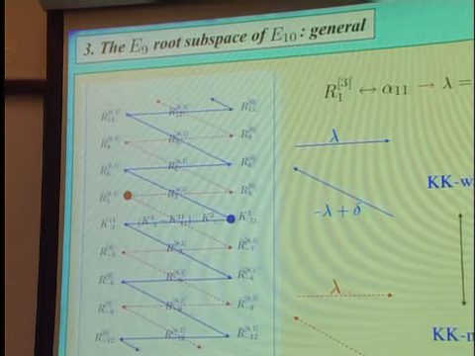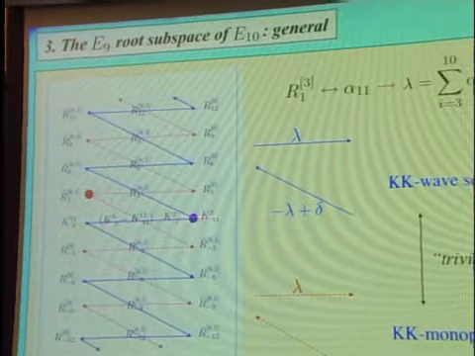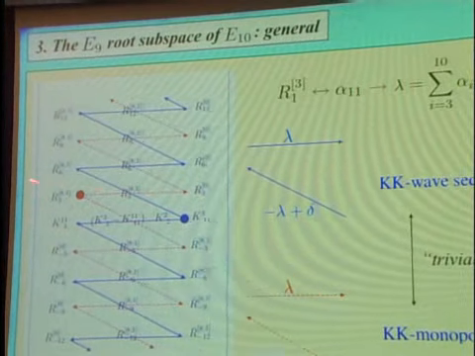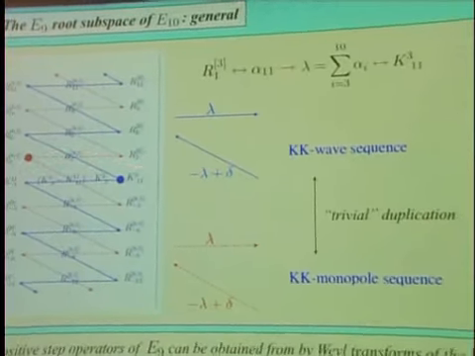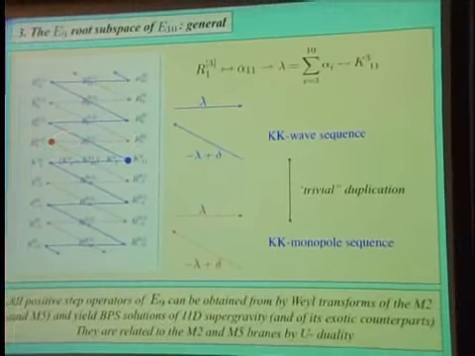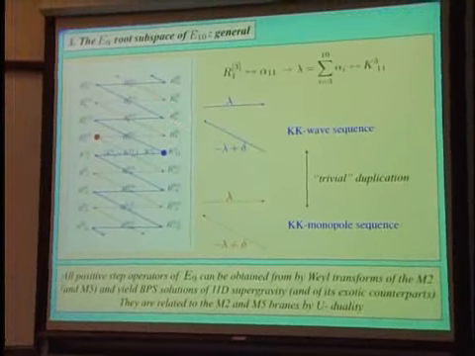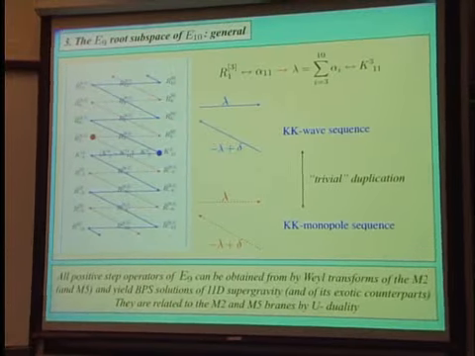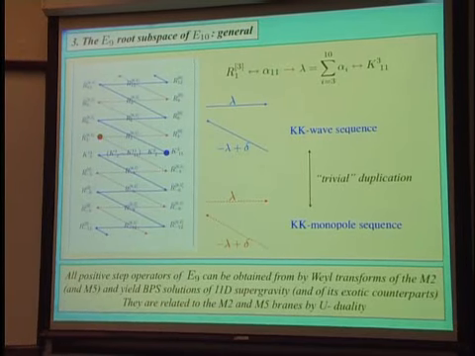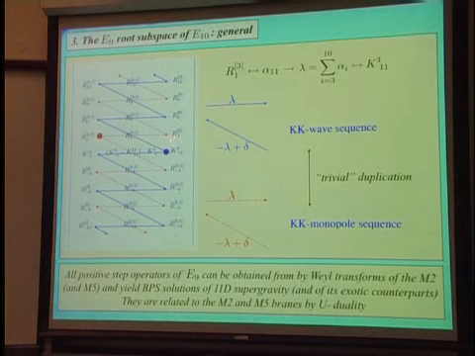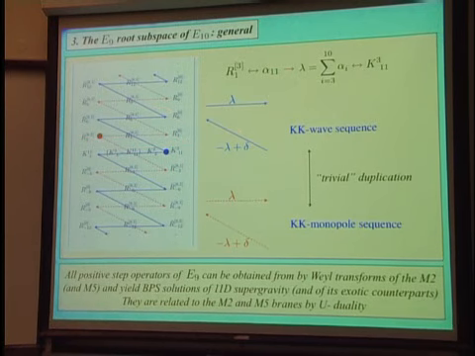There's a slight subtlety here which I want to mention anyway, that here the level of the KK wave and the KK monopole involve in fact a duplication, because at a given level, the level being the number of H alpha 11 that comes into the E10 decomposition, you have a doubling here, belonging either to the Kaluza-Klein wave or to the Kaluza-Klein monopole.